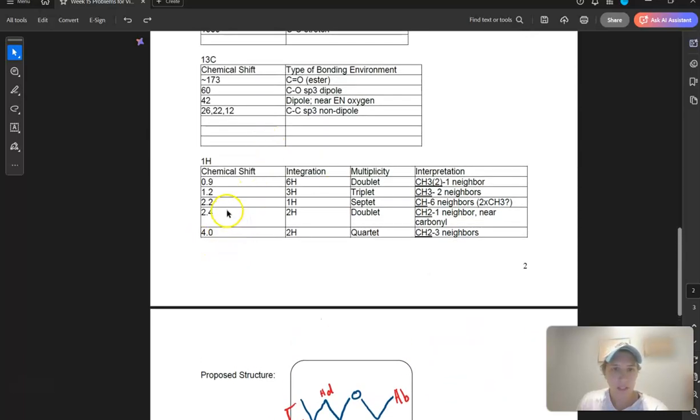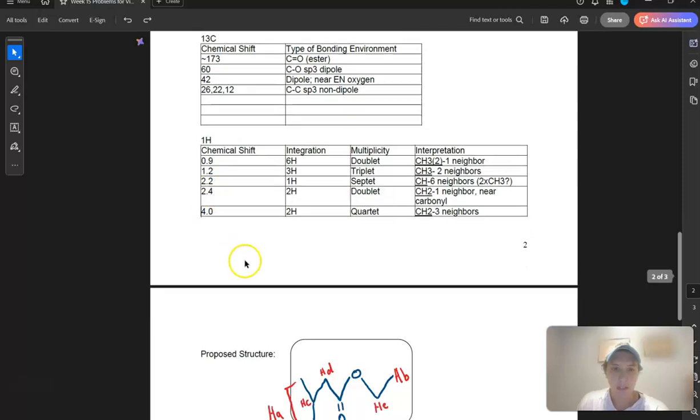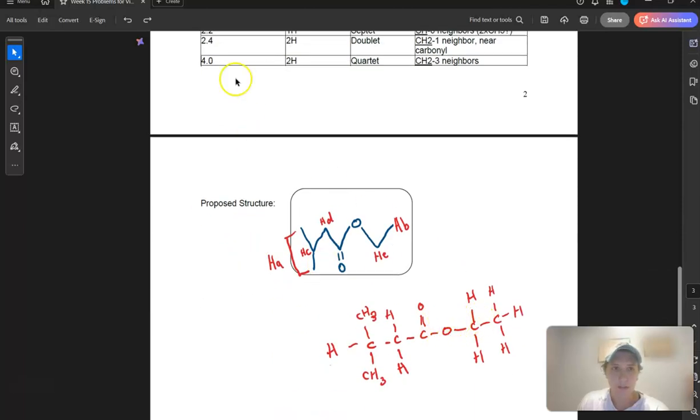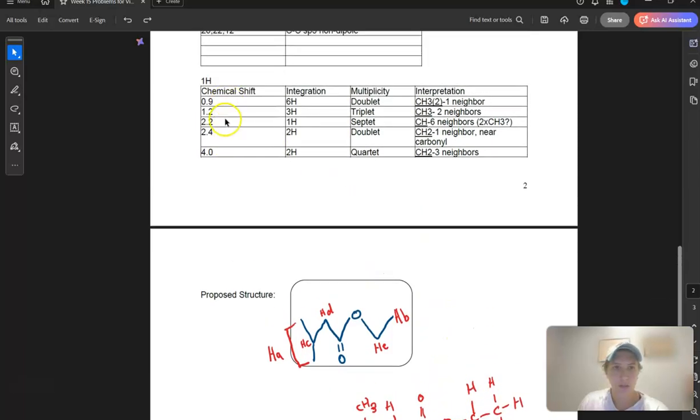And then the next closest to that electronegative carbonyl would be at 2.4, not directly bonded clearly because it's way below the 4.0 parts per million, but closer than the rest of our alkanes. So 2H, so CH2, it's a doublet, so it has one neighbor.